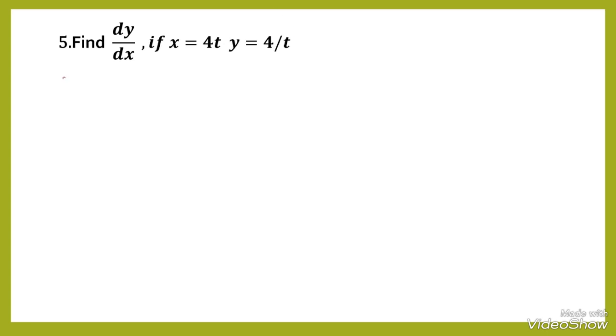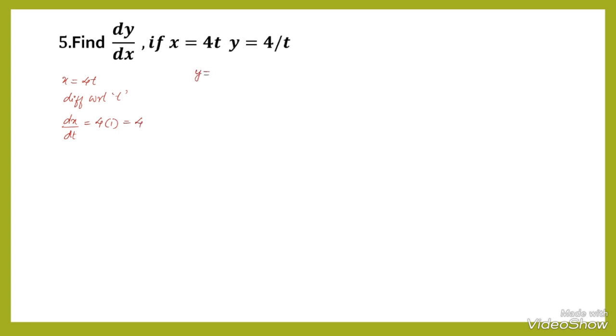Here, first I take x is equal to 4t and differentiate with respect to the parameter t. The differentiation of t with respect to t becomes 1. Therefore, dx by dt is equal to 4.